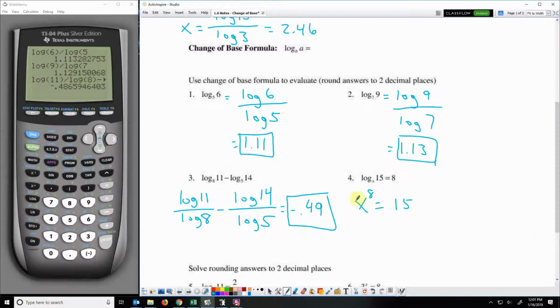Now, if I want to solve this, I can raise both sides to the reciprocal power, the 1/8 power. Cancel that out. 15 raised to the 1/8 power. 1.40.